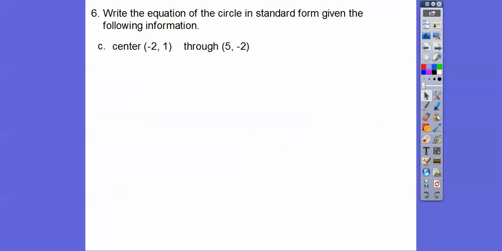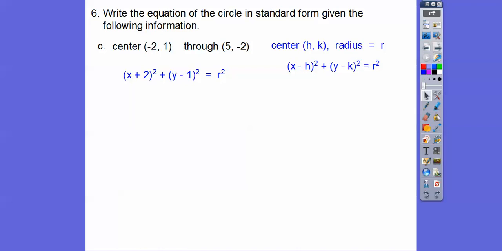Okay, all right, this one's a little different, you guys. There's a couple of correct ways to do it. I think it's easiest to have everybody buy into this. So put in the h, k right there. So x minus negative 2 squared is x plus 2 squared, plus y minus 1 squared equals whatever the radius is squared. Now there are two ways to get the radius. One way is you can substitute in, or you can use the distance formula between this point and this point.